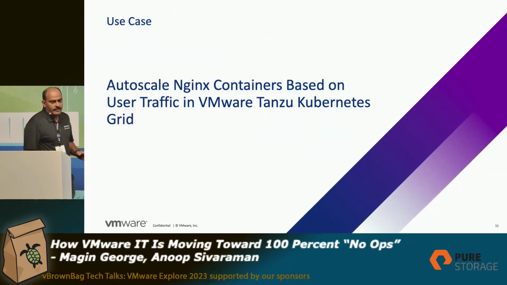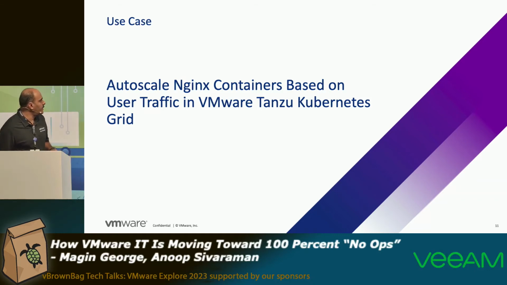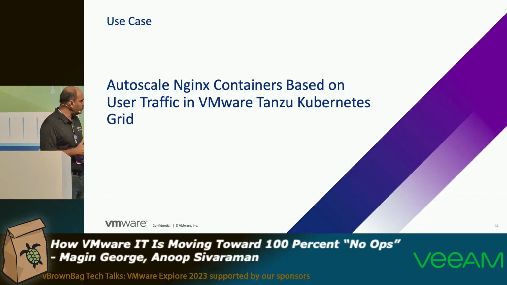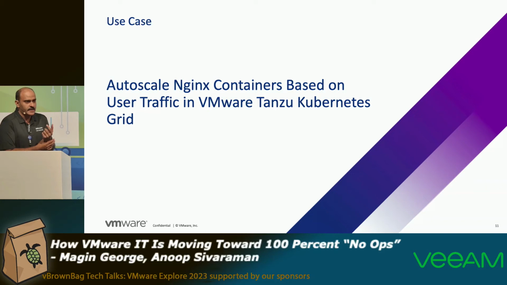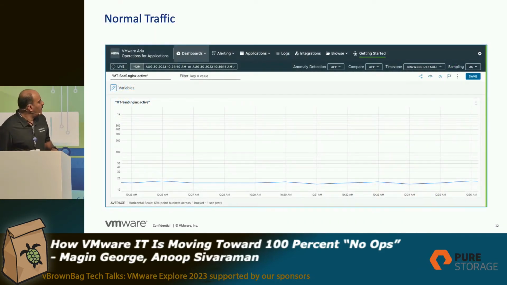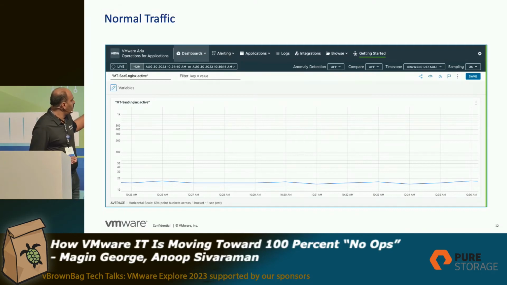So we'll see a very sample use case, because it's easier to correlate in a containerized world. We have a sample application, which is an Nginx cluster that runs a simple application, and this is the response time and the active connection count, which is pretty flat on a normal day.